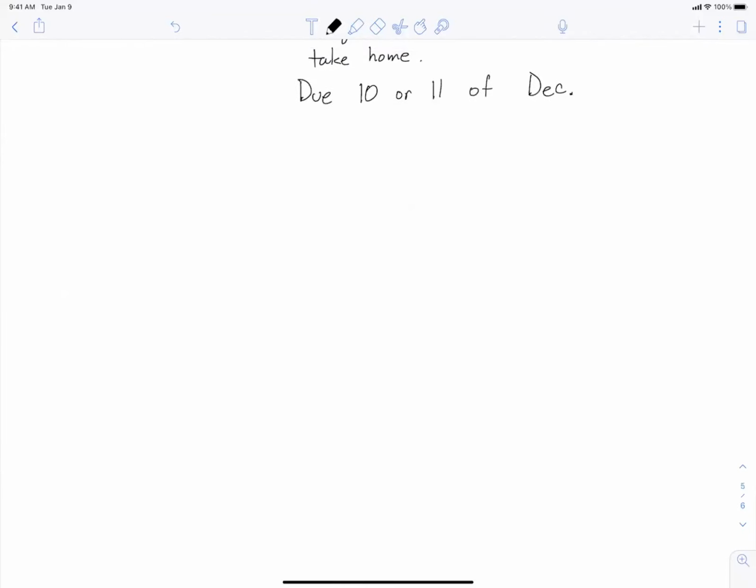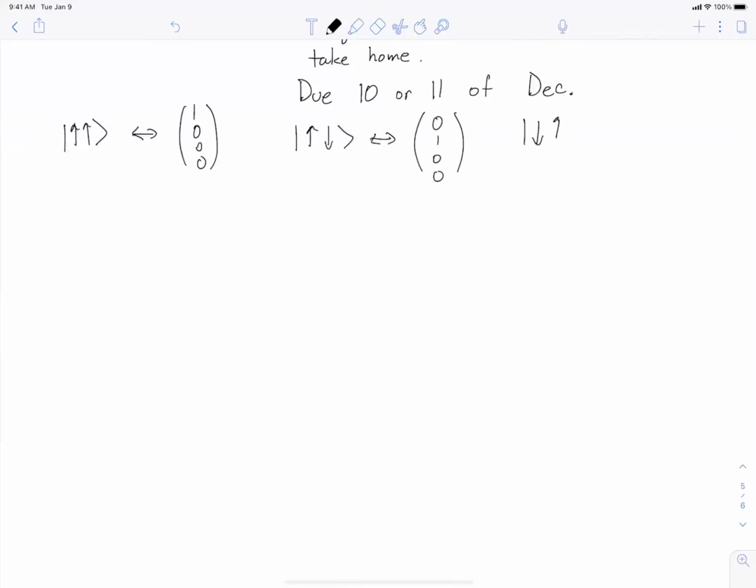It's a definition. So just to let other people know what we're talking about, we wrote down that this is represented by 1, 0, 0, 0, and up arrow, down arrow is represented by 0, 1, 0, 0, and down arrow, up arrow is represented by 0, 0, 1, 0.